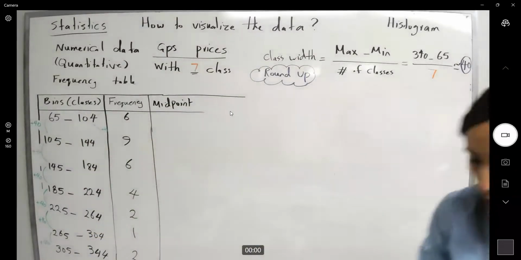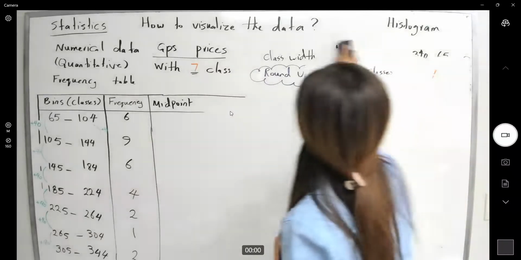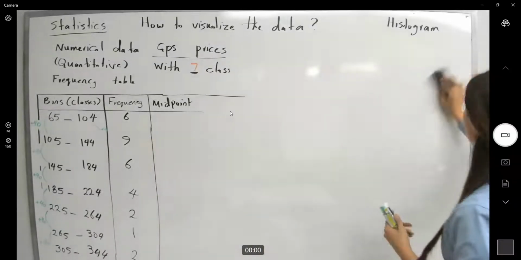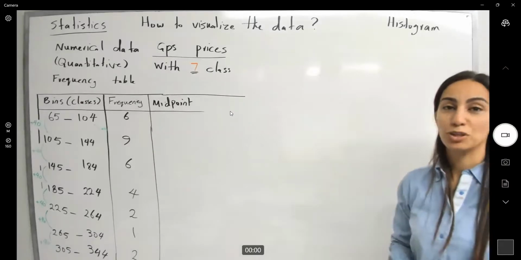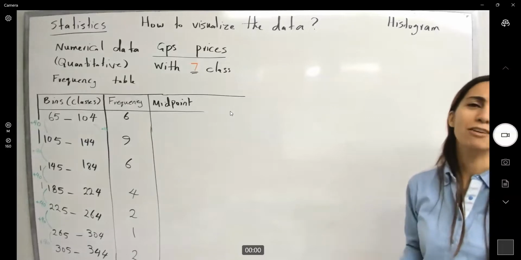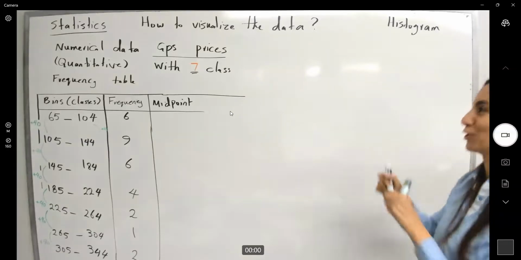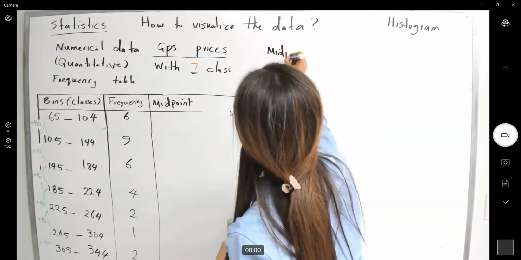So to find a midpoint for your class, you're going to take the lower limit of each class, add it to the upper limit of that class, and divide it by 2. Basically finding the midpoint. Midpoint or the representative.